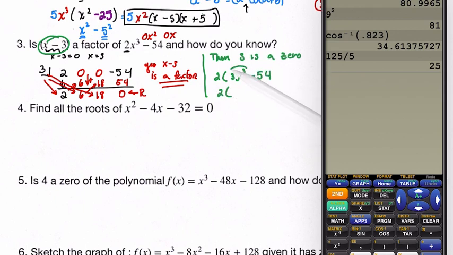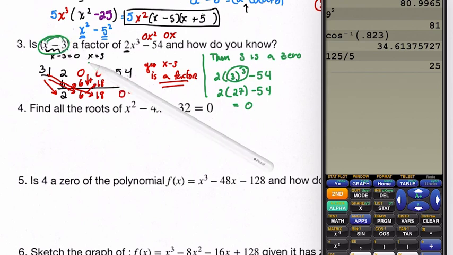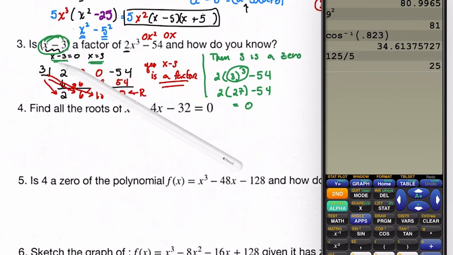See here, 3 cubed is 27, and if it gave you 0, then it makes it a solution or a root. And this does come out to 0, 54 minus 54. And so that means that 3 is a solution. So x minus 3 is a root, or a factor rather, and you've answered the question that way.